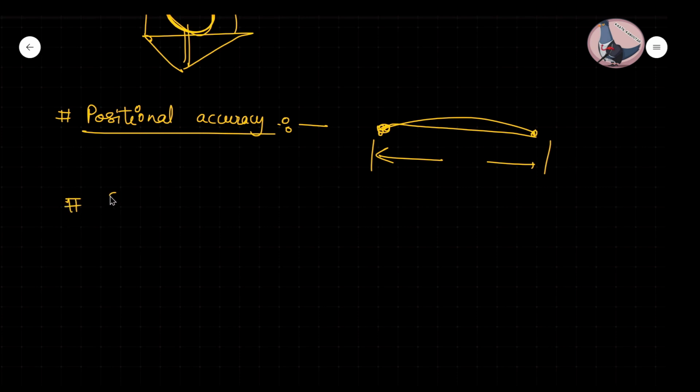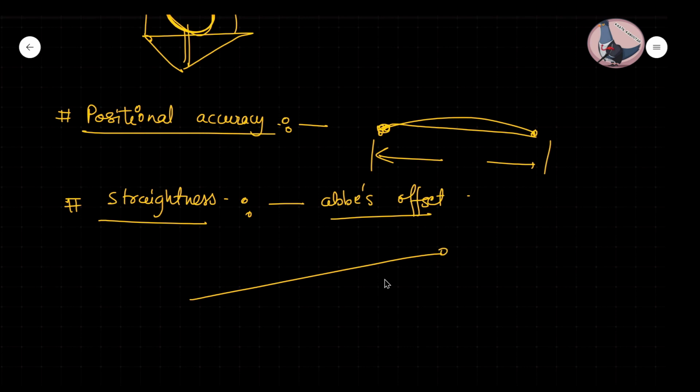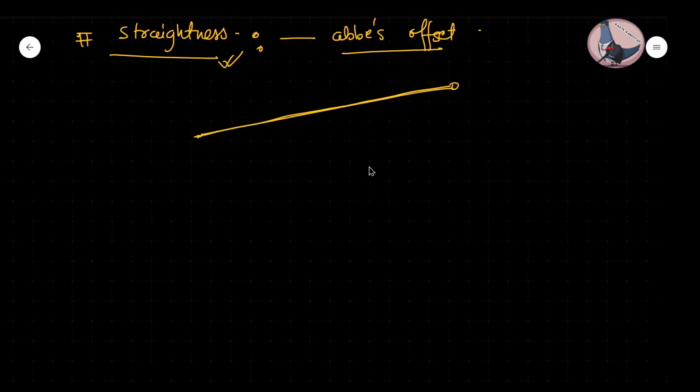Then there is a term called straightness. This is very similar to what I was telling you about the offset: I tell the machine to go in this direction with the probe. Whether it is going in a straight line or not is called straightness. Then there is squareness.